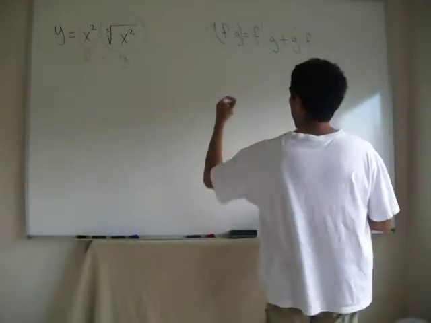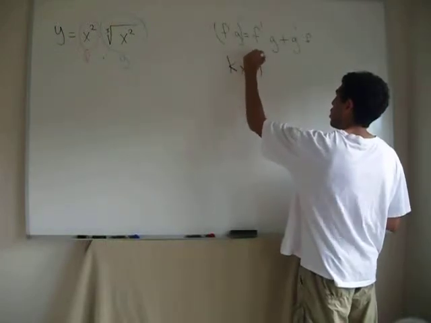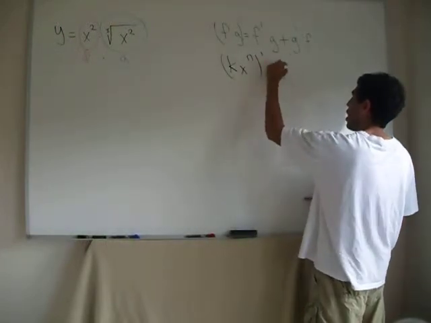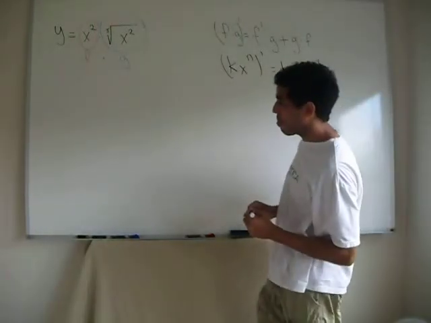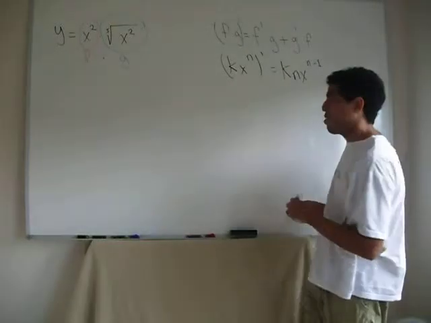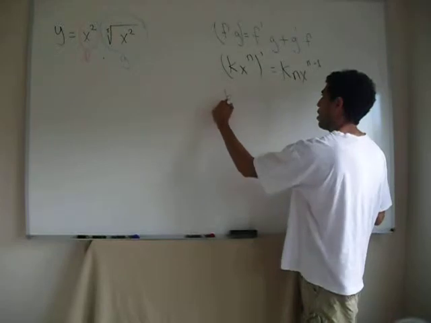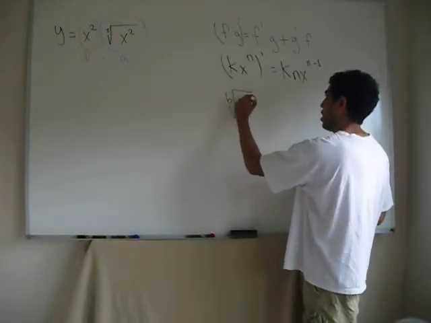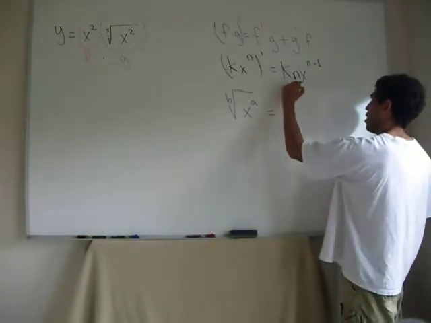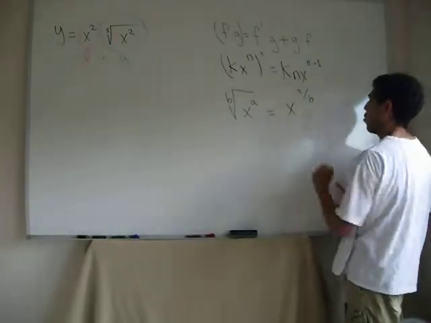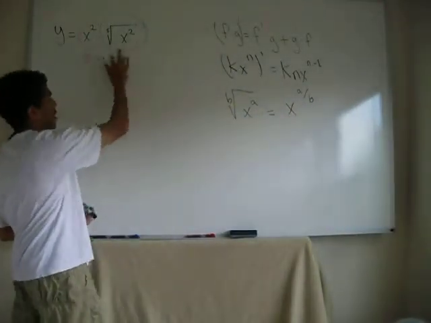And is, once again, kx to the n derivative equals kn x to the n minus 1. Remember what we said in a past video? When you have something that is expressed in the way b root of x power to a, this is equal to say that we have x power to a over b.